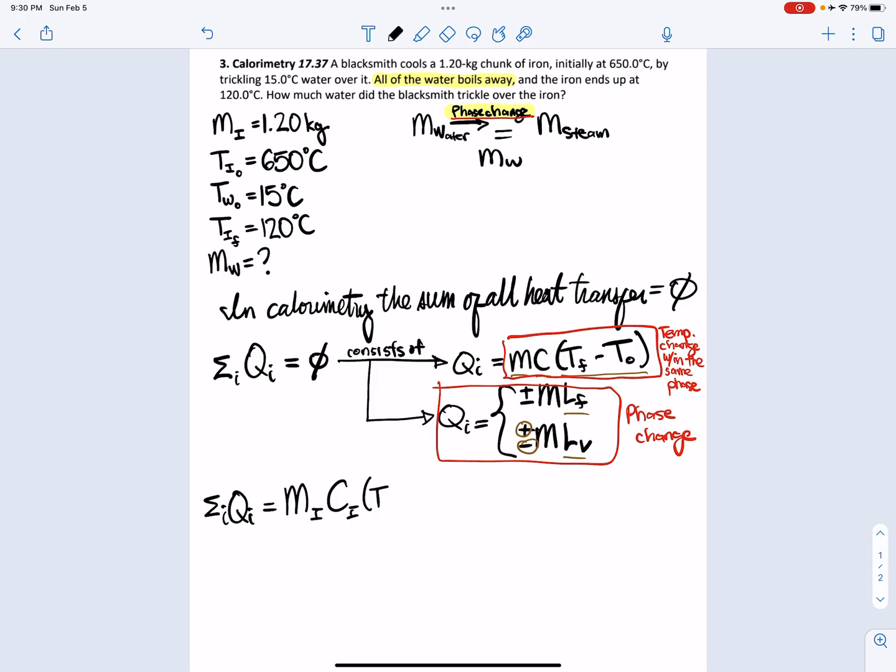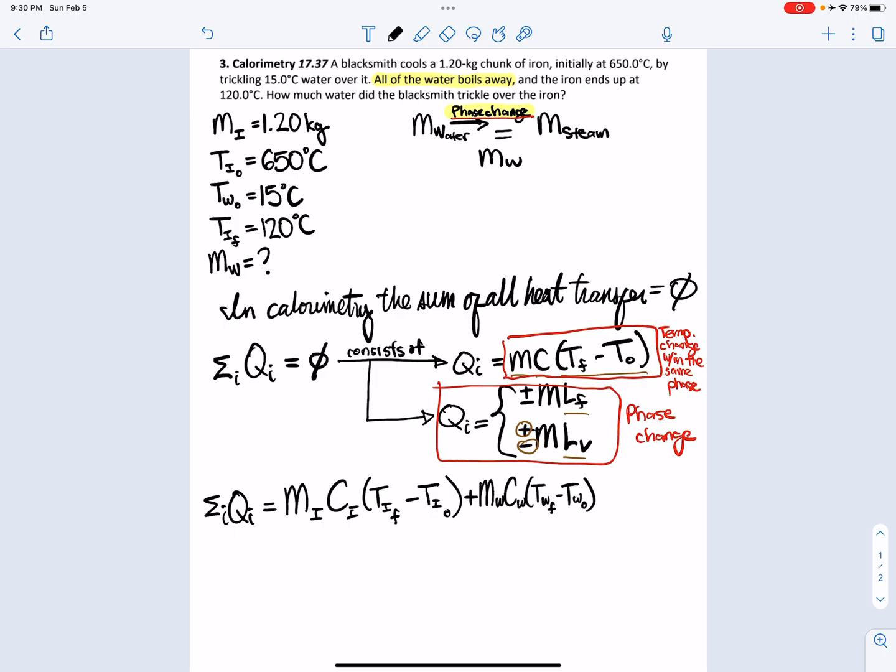So T iron final minus T iron initial, plus the mass of water times the specific heat of water times the final temperature of water minus the initial temperature of water.